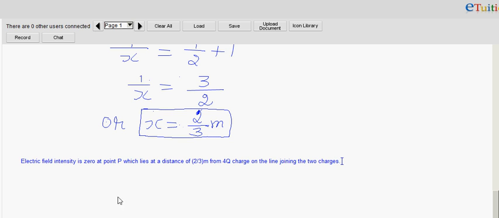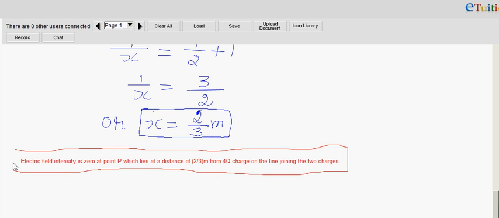Electric field intensity is 0 at point P, which lies at a distance of 2 by 3 meter from 4q charge on the line joining the two charges. This is the answer.